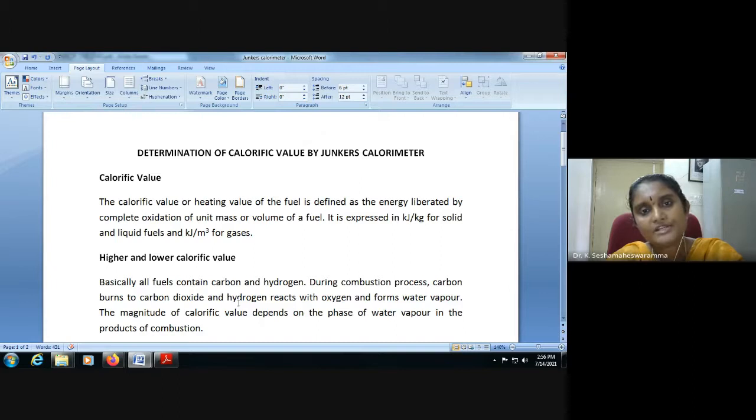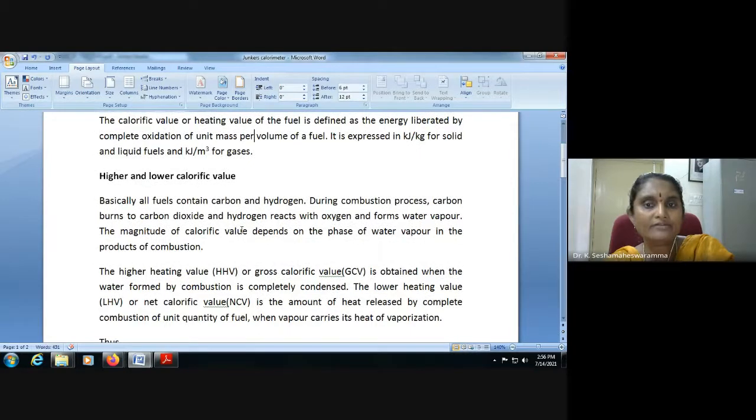So this is the determination of calorific value by Jenkins gas calorimeter. Calorific value is the heating value of a fuel, defined as the energy liberated by the complete oxidation or complete combustion of a unit mass or volume of a fuel. Higher calorific value: fuel contains carbon and hydrogen.